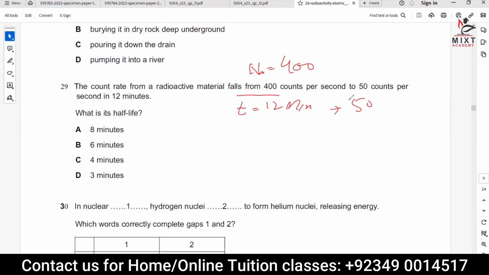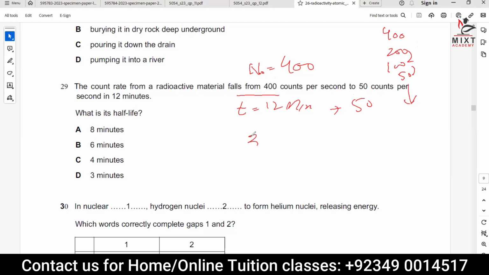You know, 400 to 50 takes 3 half-lives. 400 to 200 is the first half-life, then 200 to 100 the second half-life, then 100 to 50 the third half-life. 1, 2, 3. So it takes 3 half-lives.